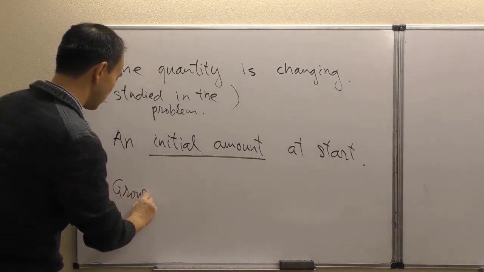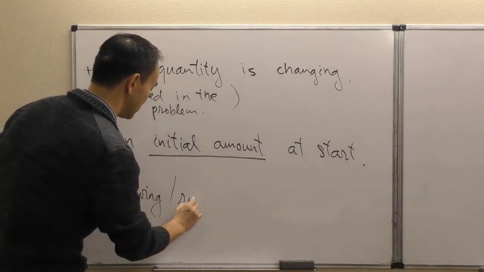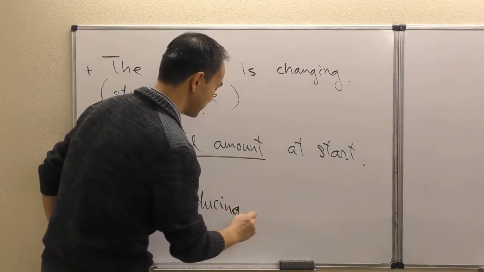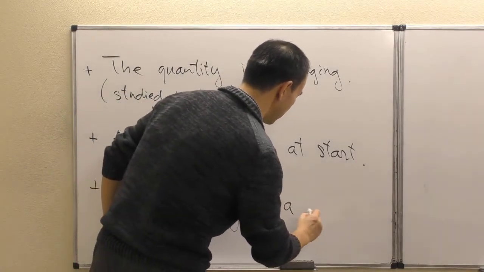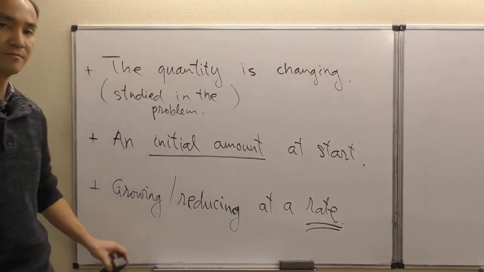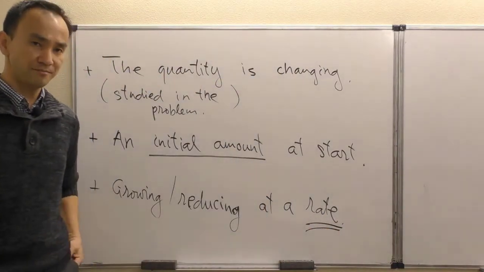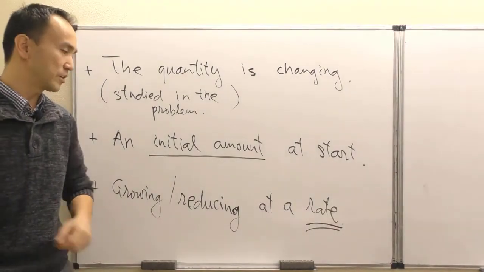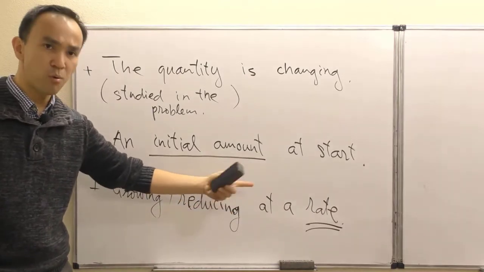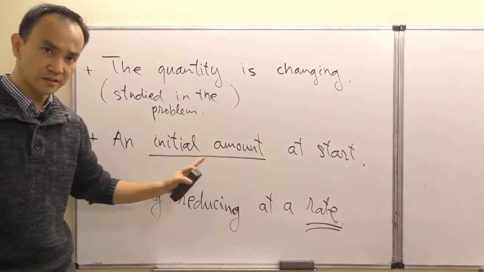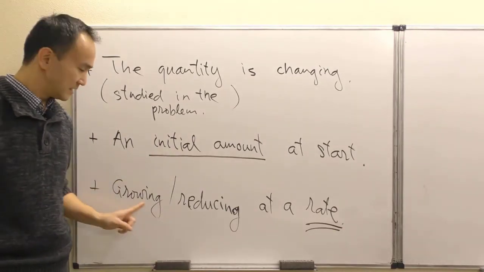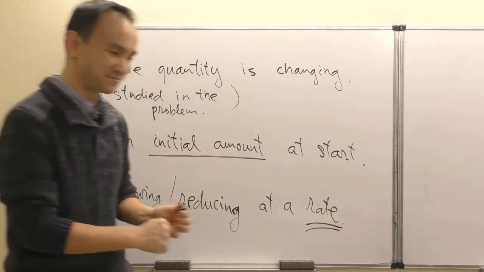The quantity is growing or reducing at a rate, a proportion that's related to the initial amount right there. And so let me point out what that is.